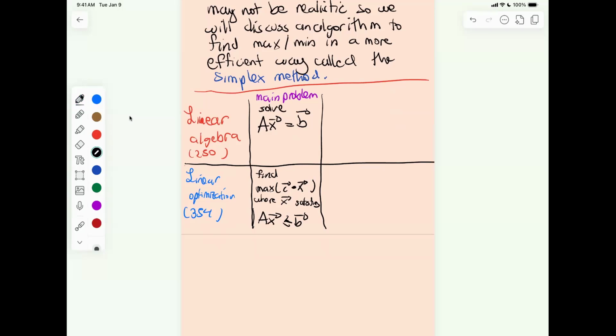Then what is the main technique for solving each problem? In terms of techniques, in linear algebra it is basically row reduction, or this Gauss-Jordan reduction method, so row reducing the matrix, which is sometimes called Gauss-Jordan.